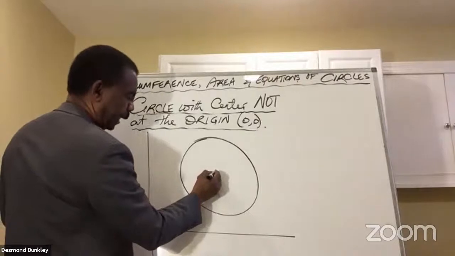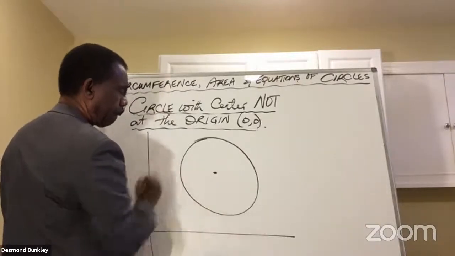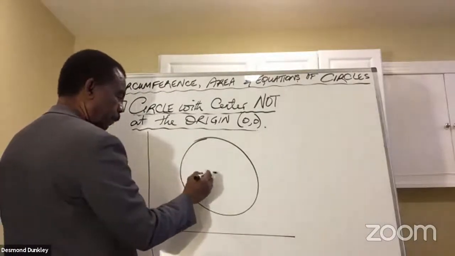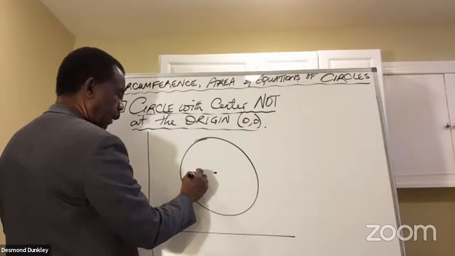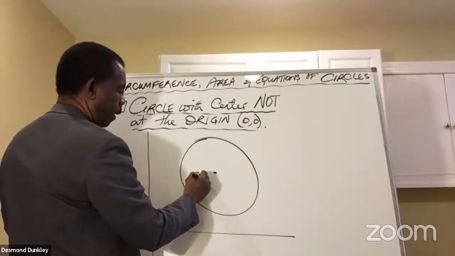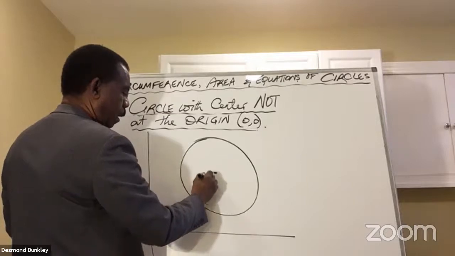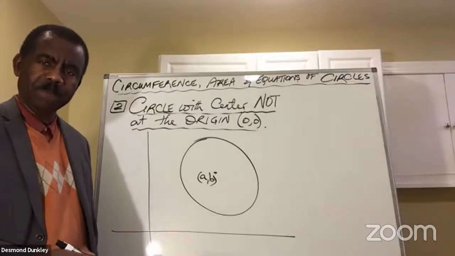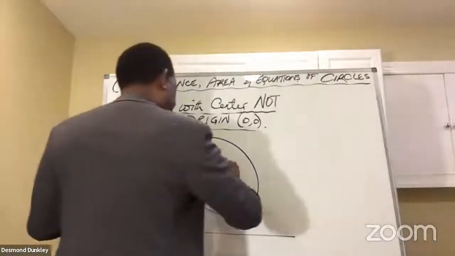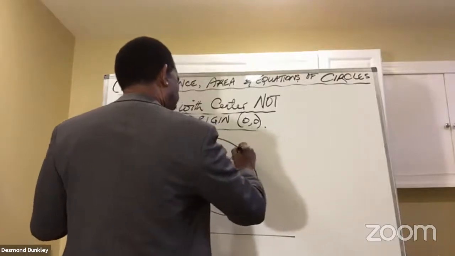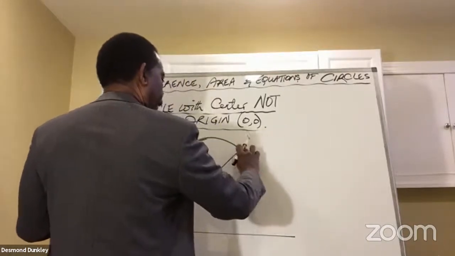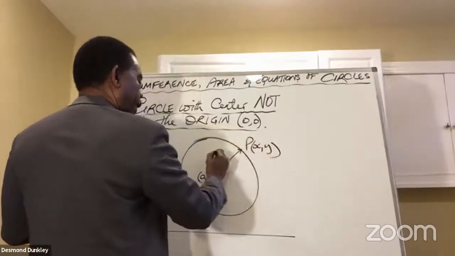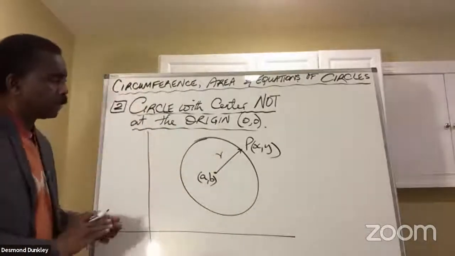So, let's say the center, let the center be A, comma B. This is your radius.